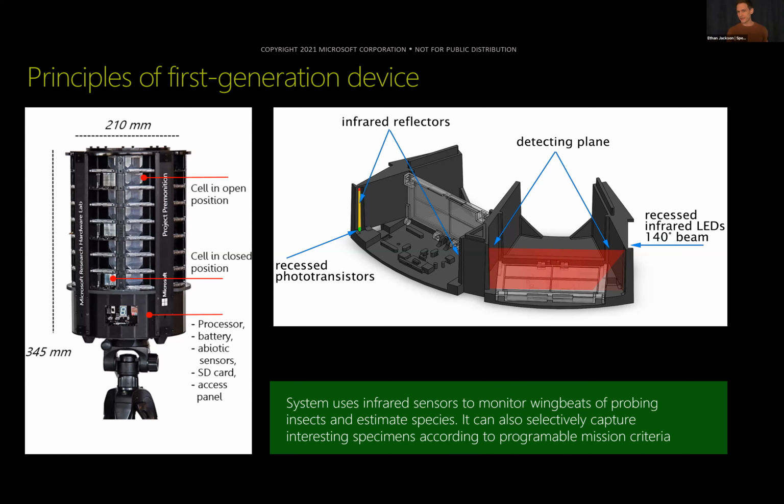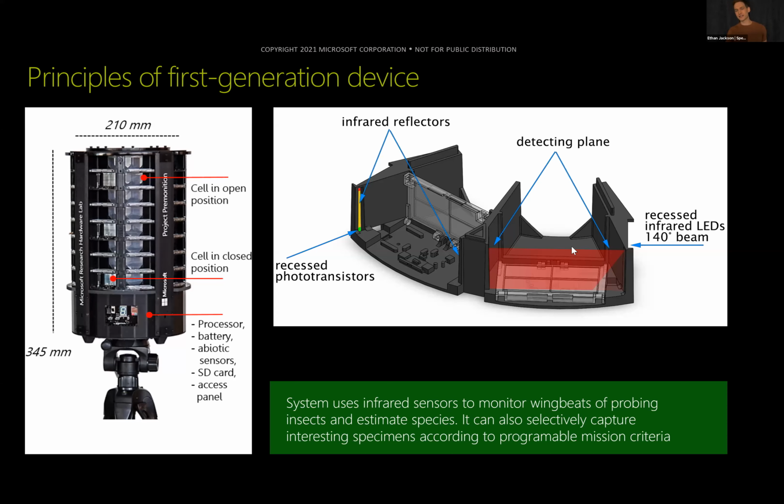On board this device, in real time, we're attempting to perform a classification. We record what that wing beat looked like and what we thought it was, along with additional abiotic data: the subsecond of encounter, ambient light, barometric pressure, all of these additional covariates that might help us understand what's going on in the environment. The second thing this device can do is make a decision.